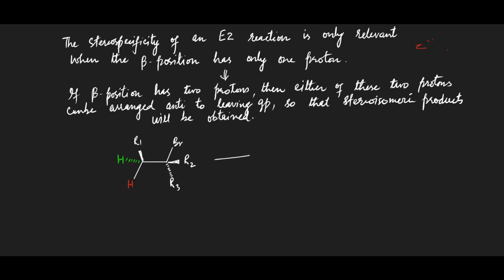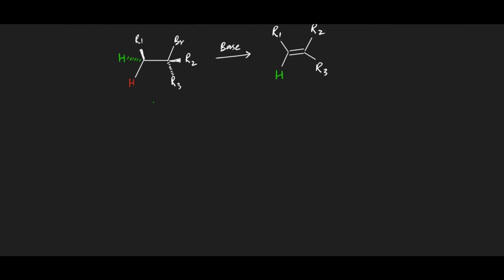Consider this alkyl halide. Beta carbon has two hydrogens, shown in red and green color. Red hydrogen is in anti-periplanar arrangement to bromine. Elimination gives this alkene with R1 and R2 on same side, as they are on solid wedge in starting alkyl halide. Now, we can rotate the C-C bond so that, green hydrogen is anti to bromine.